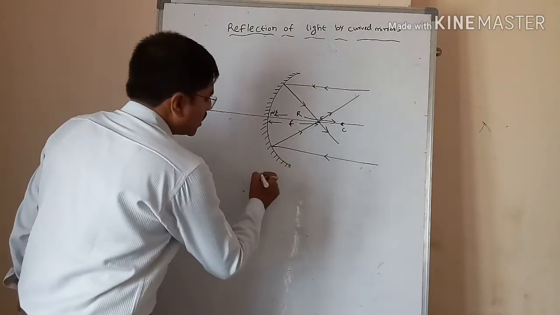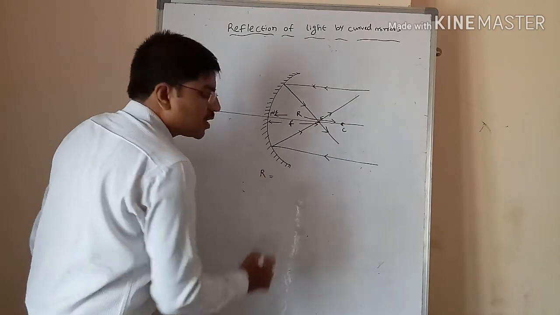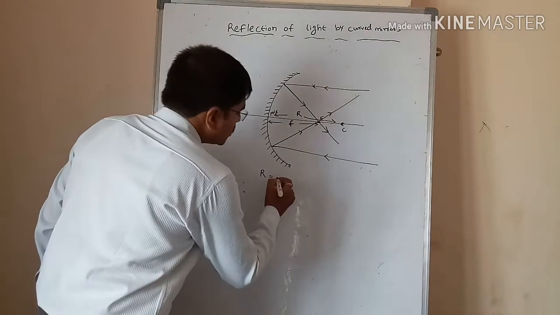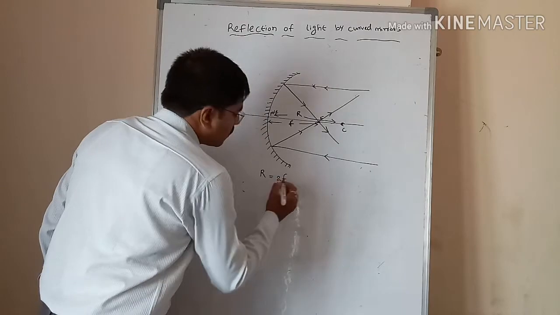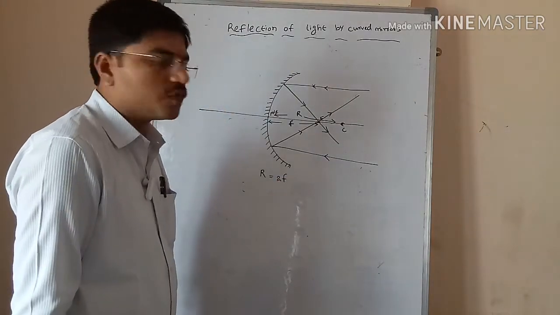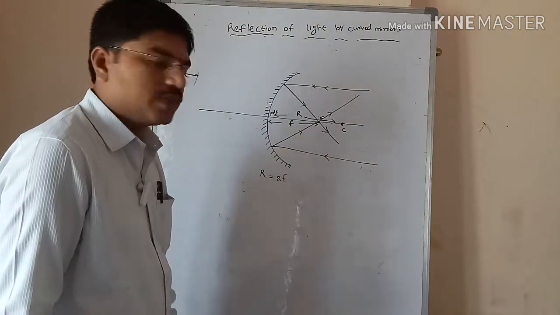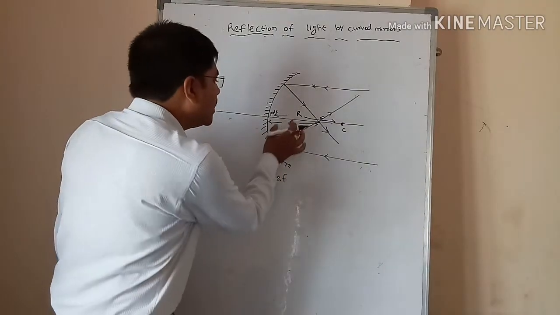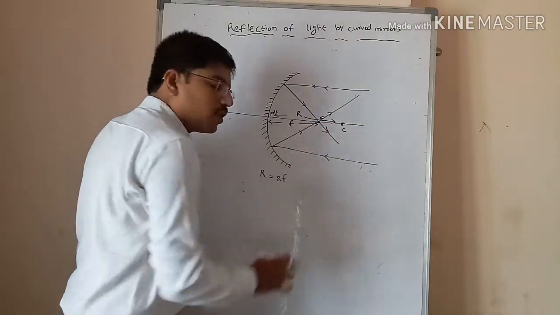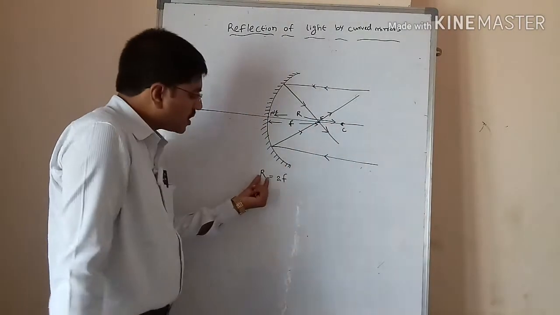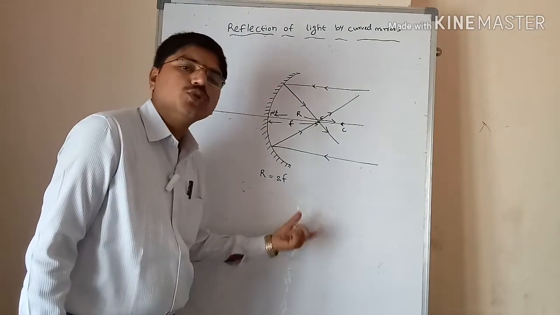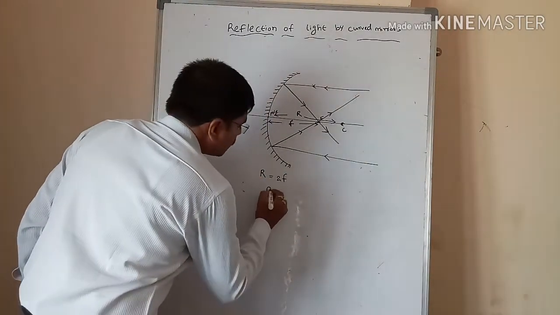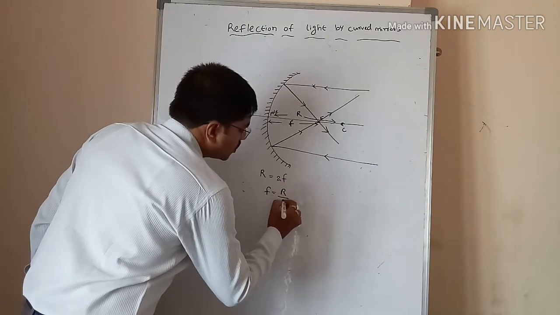So R, the radius of curvature, is equal to 2 into F, where small f is the focal length. Simply, the radius of curvature is double the focal length. So R equals 2F, or otherwise F equals R by 2.